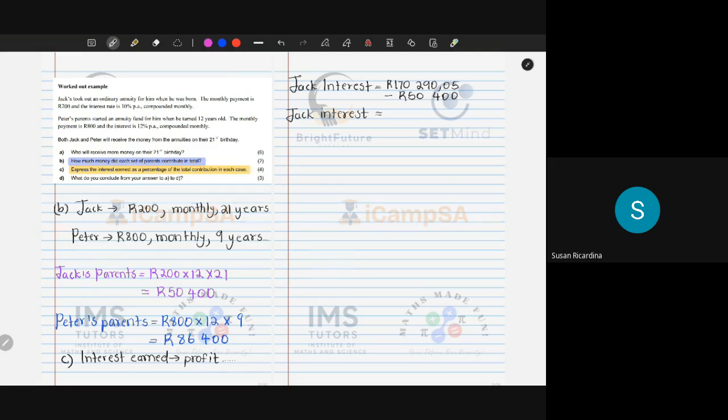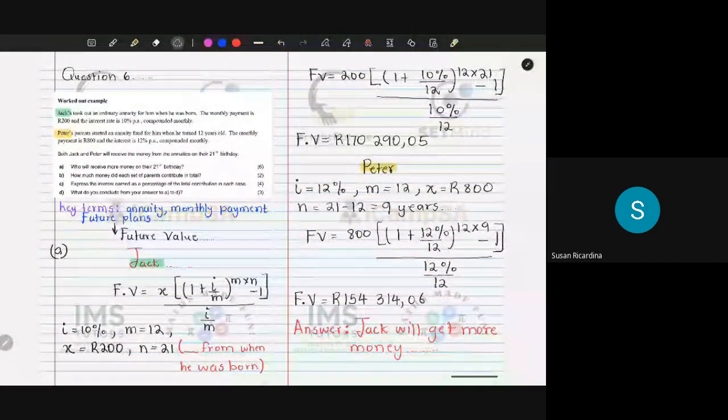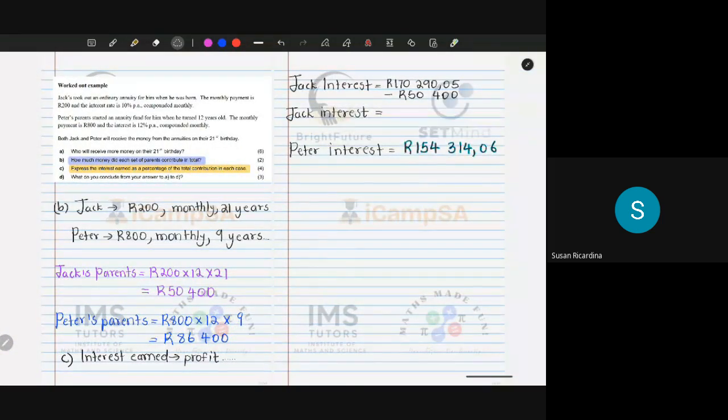Anyone, guys? And while you calculate, let me quickly work out Peter. Just use your calculator. Tell me when you are ready. And for Peter, we will minus the total his parents contributed, 86,400. So what do we have for Jack, guys? Ayanda, 119,890.05.